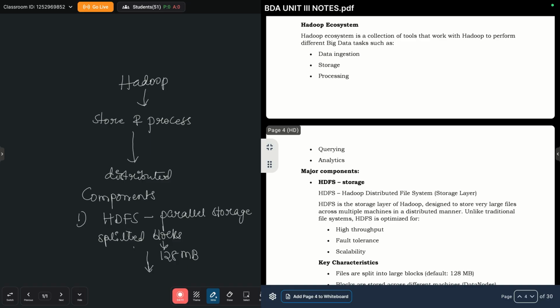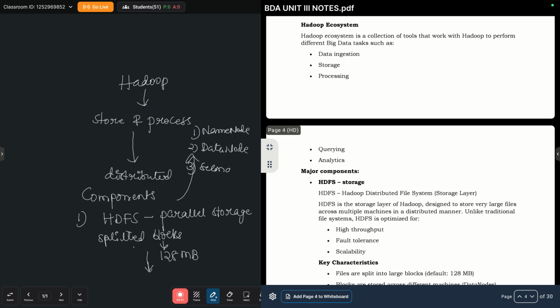Where exactly are these data blocks going to be stored? If you look at the HDFS architecture, what are the different nodes? One is the name node, the second is the data node, and the third is the secondary name node.